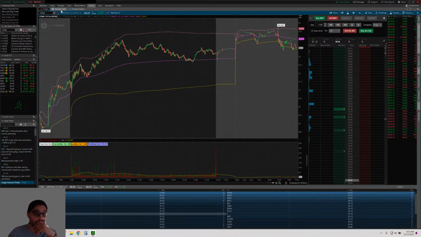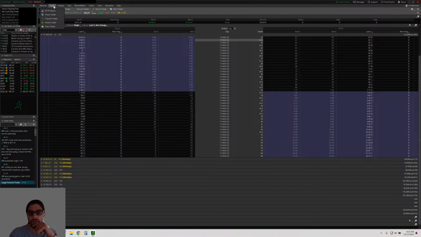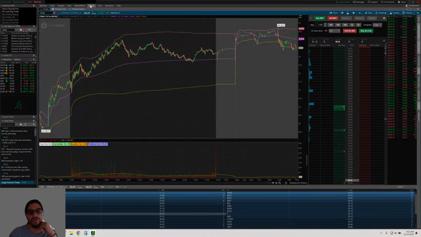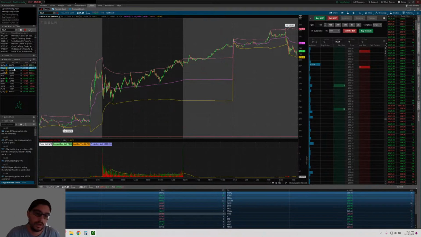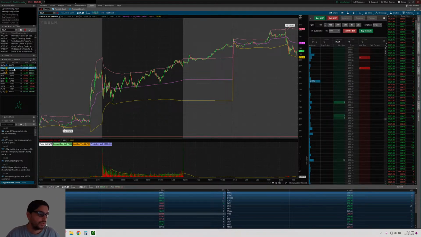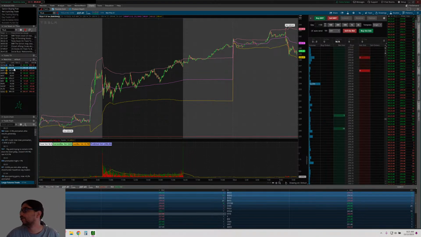I would like to. Now, I could do an option, which would allow me to short them, but I don't like the option trees when I've looked on Tesla. Not Tesla, on Carvana. So we're just going to come back, sit here. We're going to see what this does near open.